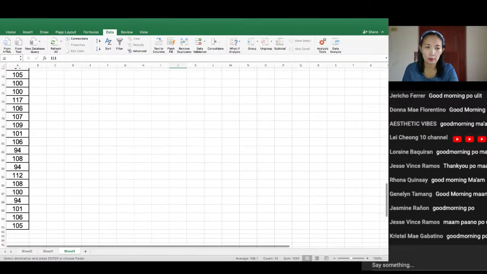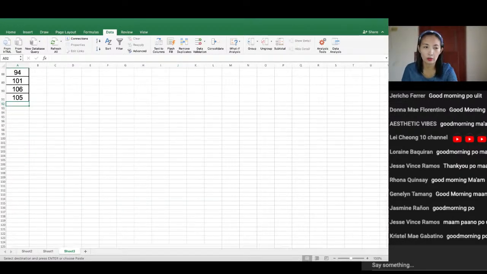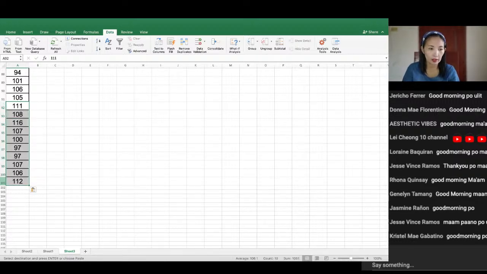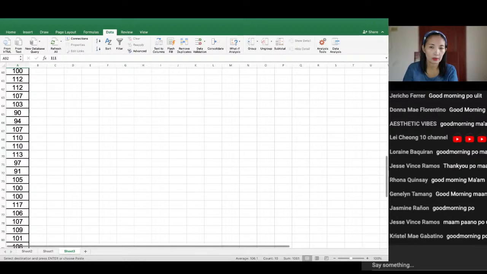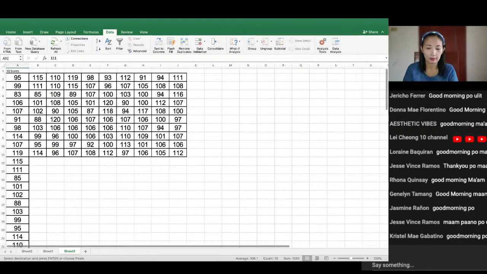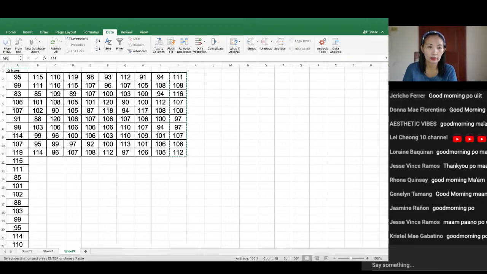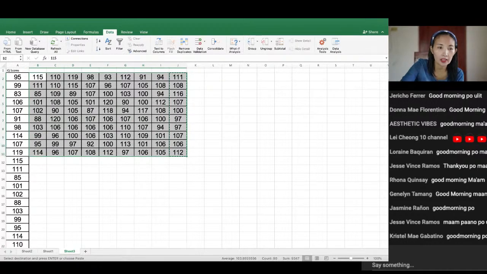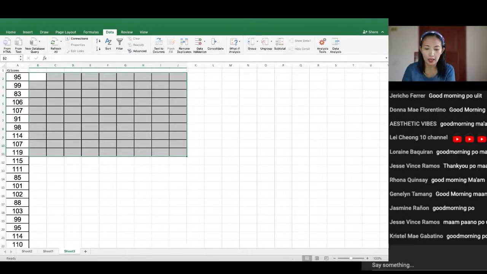So I should end up with the 101st row. Okay, correct. 101st because the first row was my column label, or the name of the variable, which is IQ scores. One important reminder, the data should be arranged in a column.